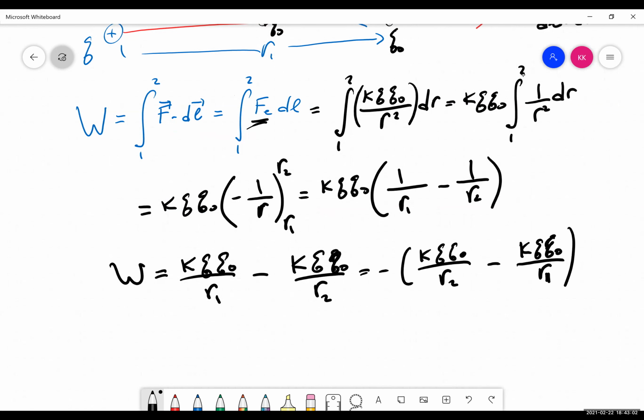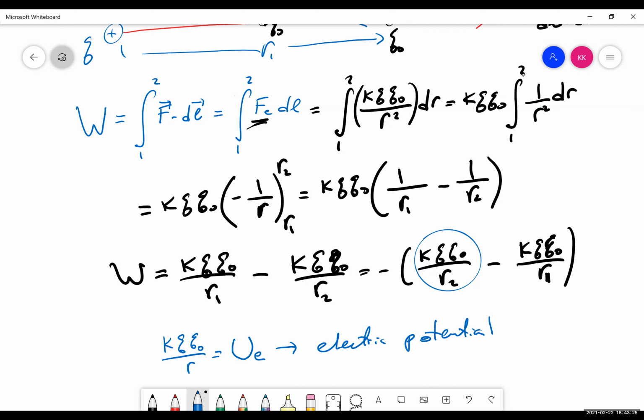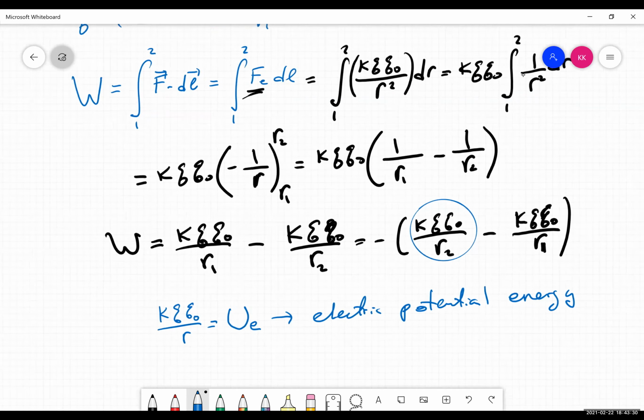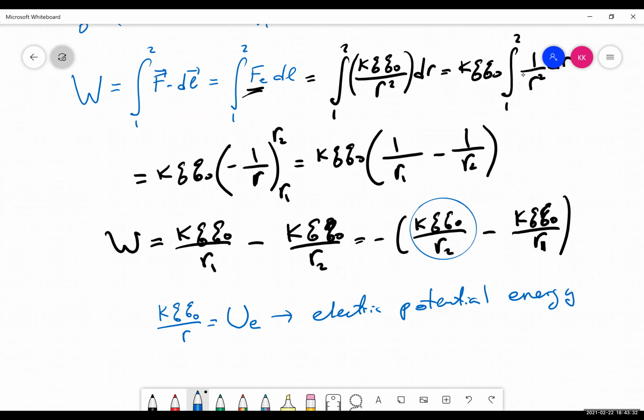Now this expression, k q naught over r, is the expression of electric potential energy. This represents the electric potential energy at point 2 minus the electric potential energy at point 1.